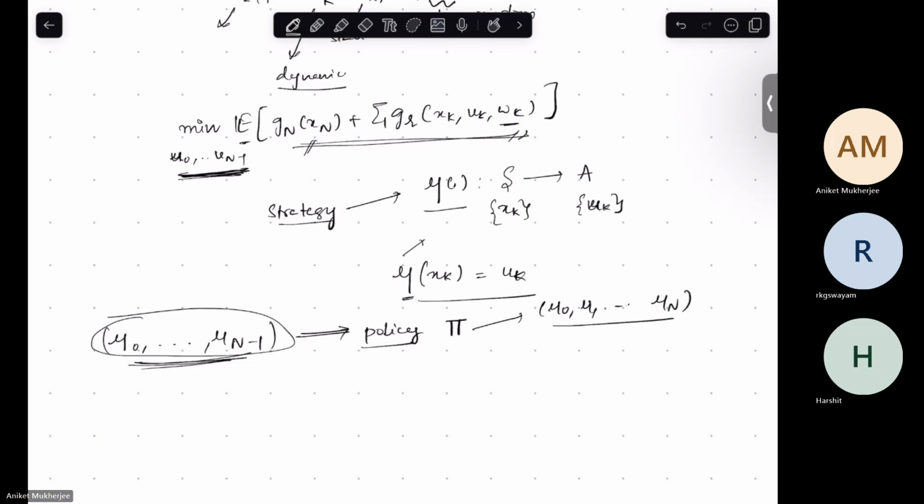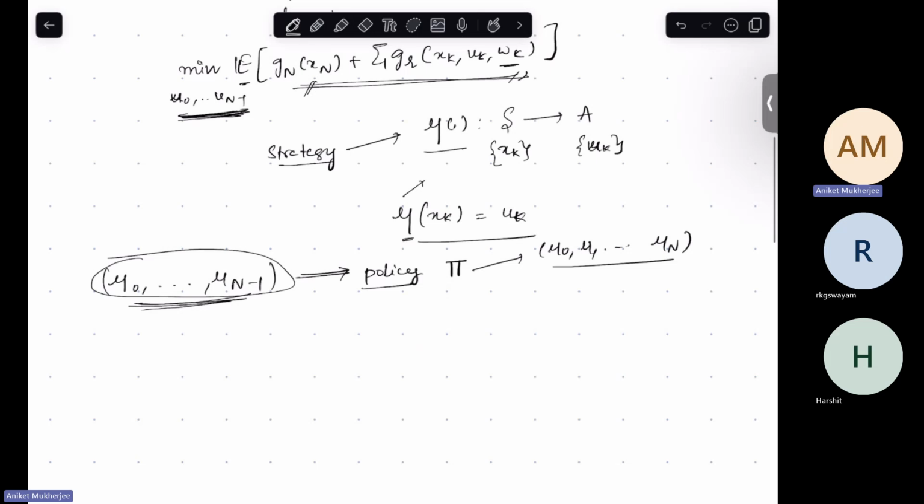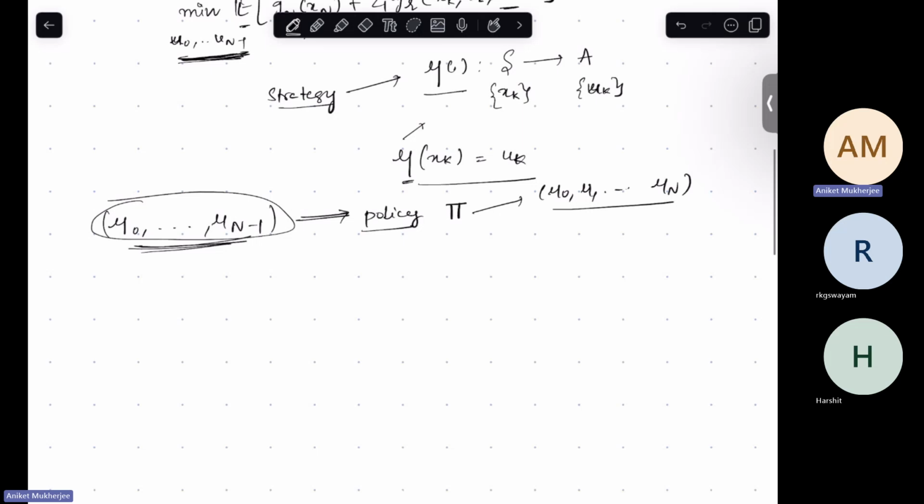So when you fix a policy, I'll do this step by step. First you have x_0. Suppose you are following policy mu_0. You know what x_0 is. You apply x_0 to the function mu_0, you get u_0.